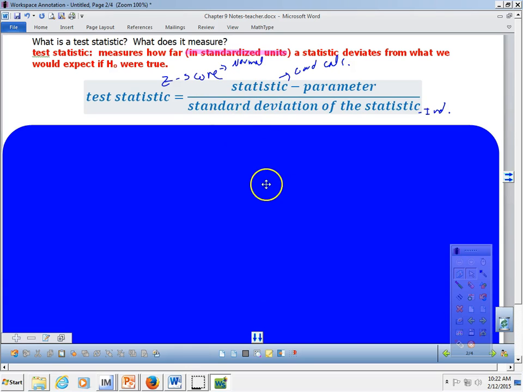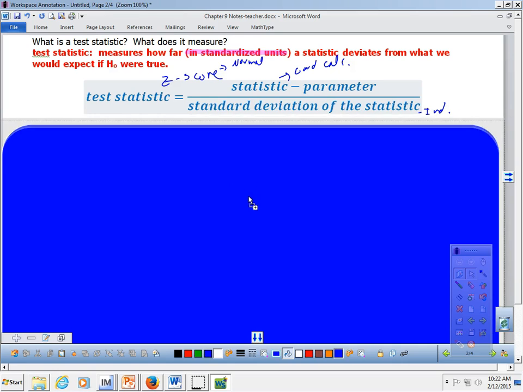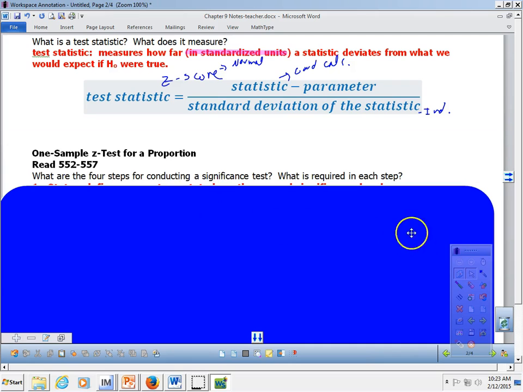We need to find out how far away it is in terms of standard units, okay? And that gets us into our one sample Z test.